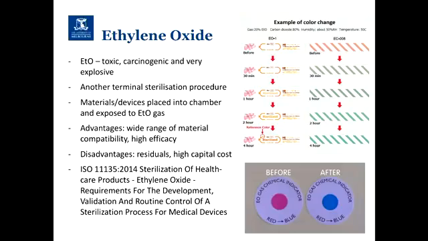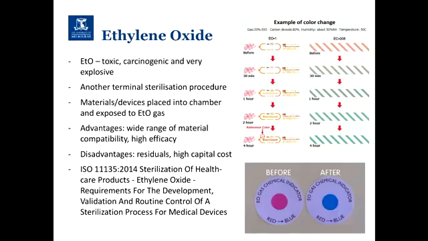Terminal sterilisation means that you have your medical device, however you want it to be packaged, and that whole package goes into the sterilisation setup. You don't take the product by itself, sterilise it and then package it. It's packaged and then sterilised.